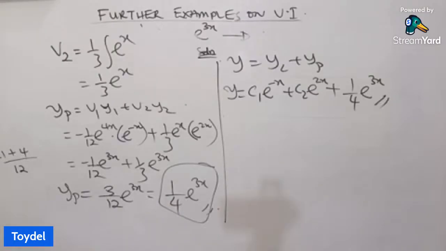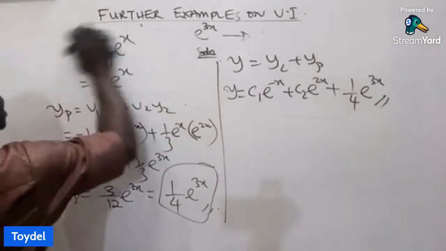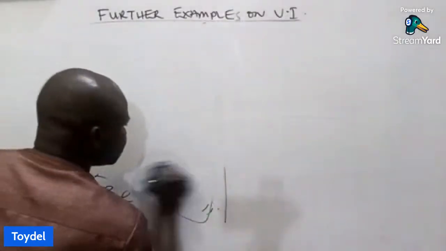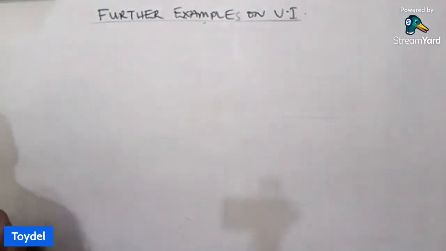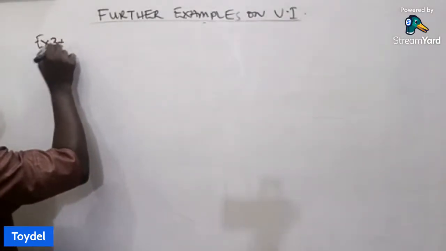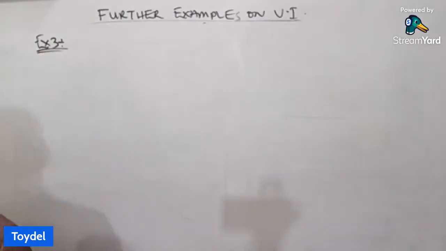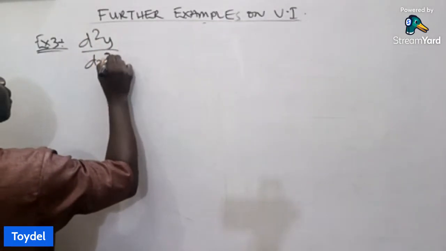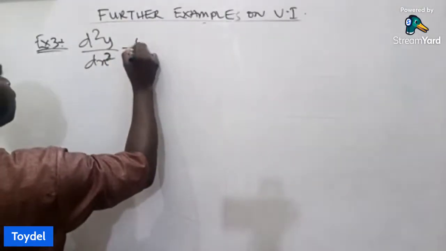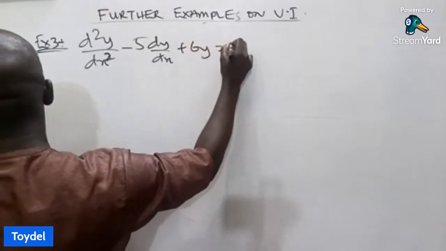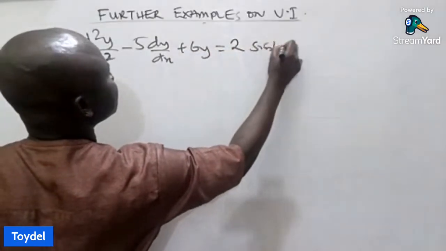There is this other question also, where we have used the first method, comparing coefficients, to solve. So I want us to attempt this. I will do it to a particular level. Example 3. I'm going to start it, but I will ask you to complete this. d squared y over dx squared minus 5 dy dx plus 6y is equal to 2 sine 4x.